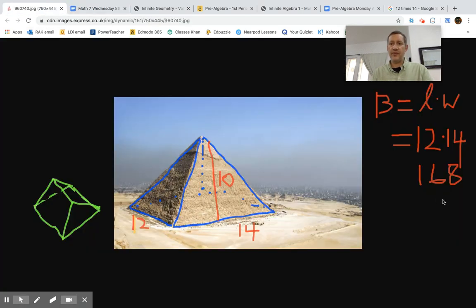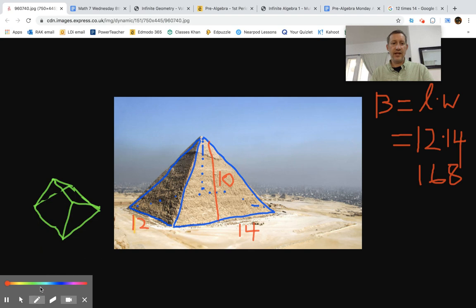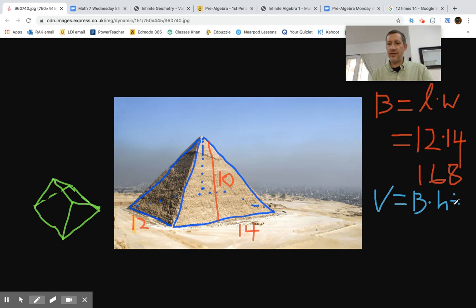Okay. So for this example, we have a base that is 168. And we have a height of 10. So the volume is going to be that base times the height, and all of that divided by 3.